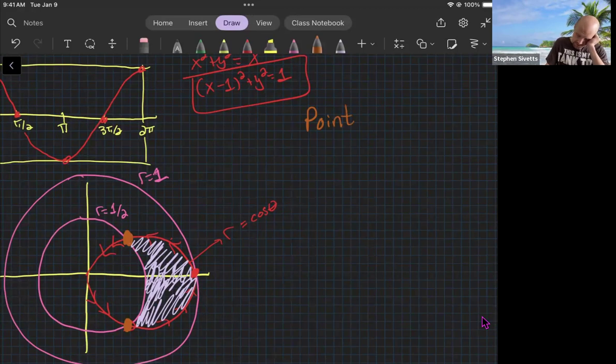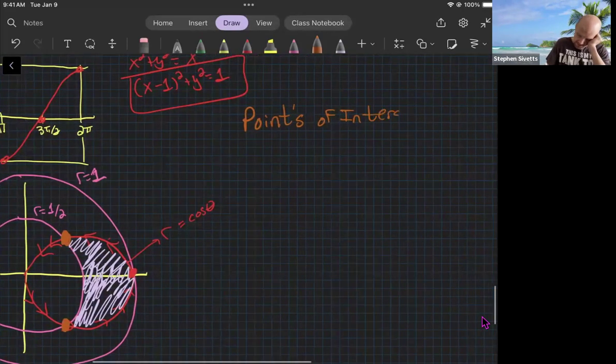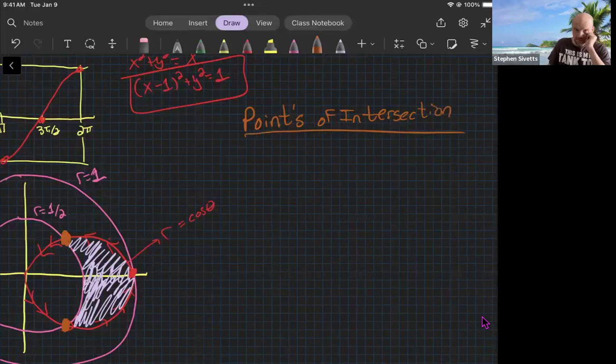If you have a region between two curves, we have to figure out the points of intersection, where those two curves intersect. And this happens if the two curves equal each other. So in this case, set cosine of theta equal to 1/2. Set the two radii equal to each other. Where is cosine of theta 1/2?